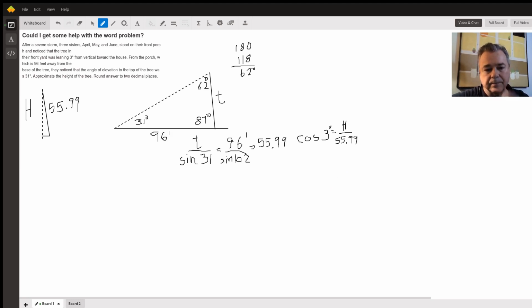So what we do is use our calculator to get the cosine of 3 degrees is 0.998 and multiply it by 55.99, and that's going to give us H equaling 55.921, and they asked us to round to 2 decimals. 0.921 rounds to 55.92 feet.